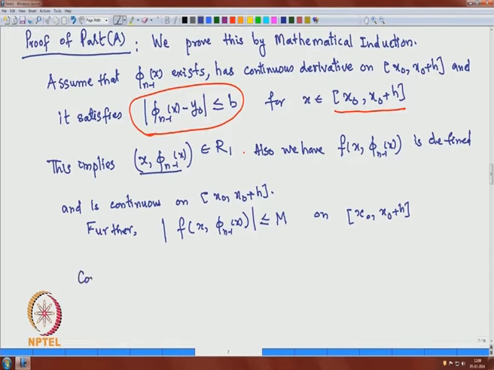So, consider the function phi n x, which is defined as y0 plus the integral from x0 to x of f of t, phi n minus 1 t dt.